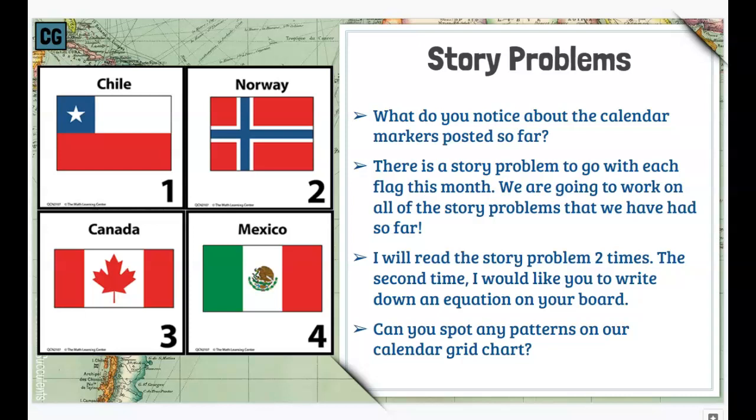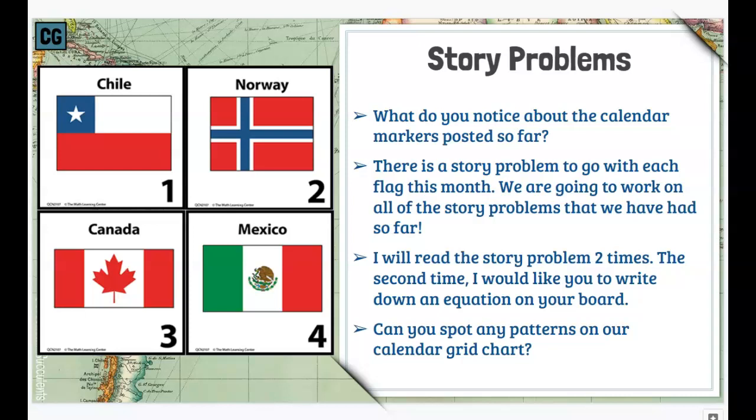Now you may have noticed a few different things. You may have noticed the different colors in the flags. Every single one has red in it. Show a connection if you've noticed that. Yeah, that's going to be something we'll focus on a lot this month. You may have noticed some other things as well.